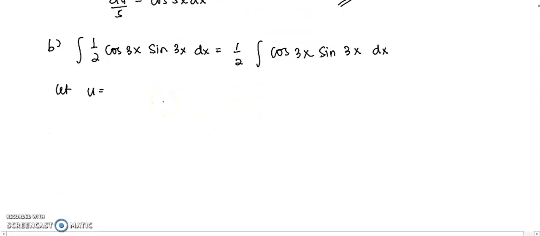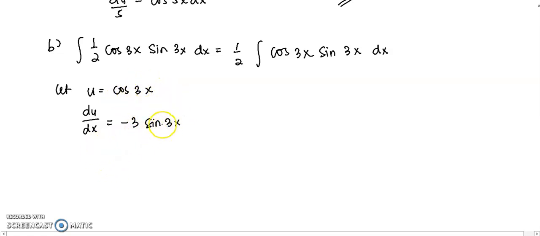So now we let u equal cos. The u can be either cos or sine; both can be used. Then du dx is negative 3 sine 3x, because differentiating cos, you get negative, and differentiating 3x, you get 3.